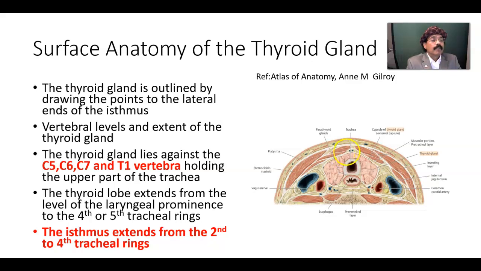Okay, that covers it. And thyroid gland has capsule. Okay, the external capsule, it is also internal capsule. Thyroid gland is also related to the structure of the carotid sheath, like that of the common carotid artery here, internal jugular vein, and the vagus nerve.